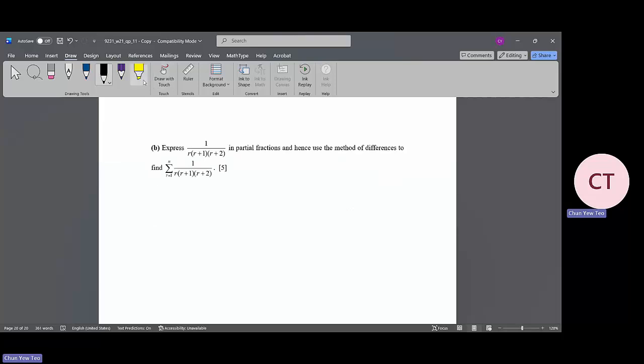Now we are looking for the reciprocal of it, 1 over r(r plus 1)(r plus 2). We need to find the partial fractions, decomposing this fraction first. So we make it A over r plus B over r plus 1 plus C over r plus 2.